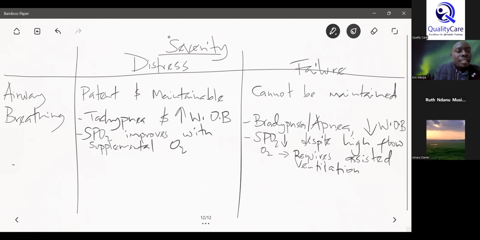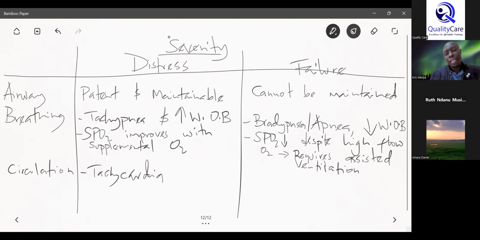Okay? Circulation. At circulation, when the patient is in distress, they typically present with tachycardia. Okay? They present with tachycardia.